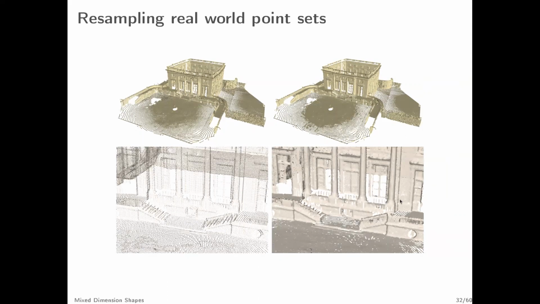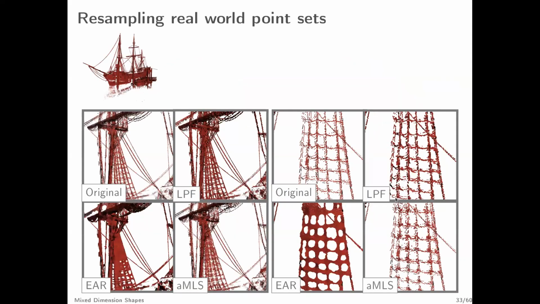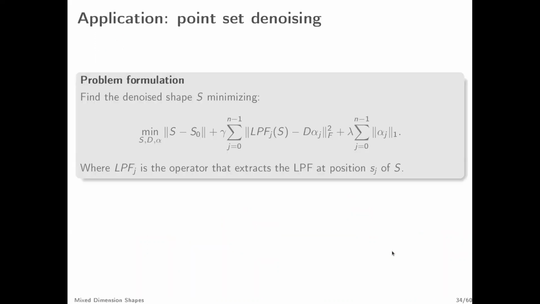So now you don't have any boundary destruction. And you can also resample this boat example, and you see that you respect the initial distribution. You do not overblur it as would the competing methods.